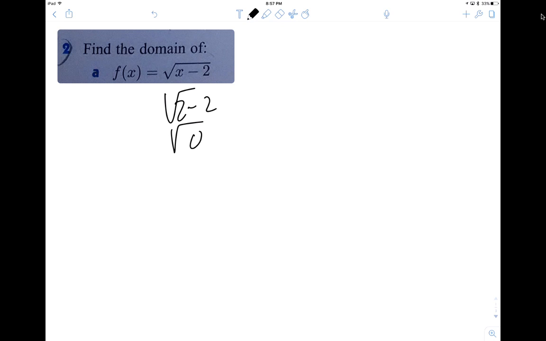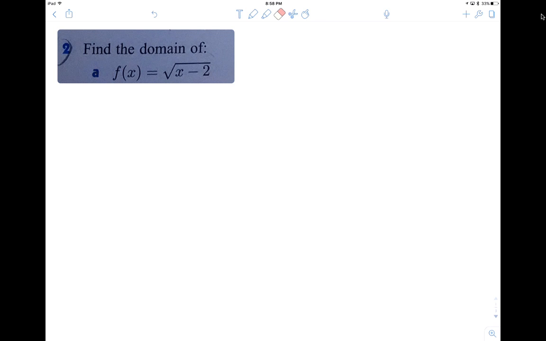So 2 is going to be a borderline case, but anything less than 2 is going to be a problem. So our domain is, as long as we have x values that are greater than 2, we're fine.